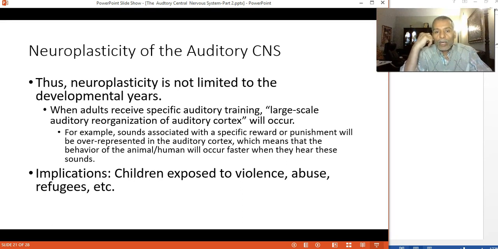So you hear the sound and your system immediately responds. The more frequently that you hear the sound, the more frequently your auditory nerve is going to fire.